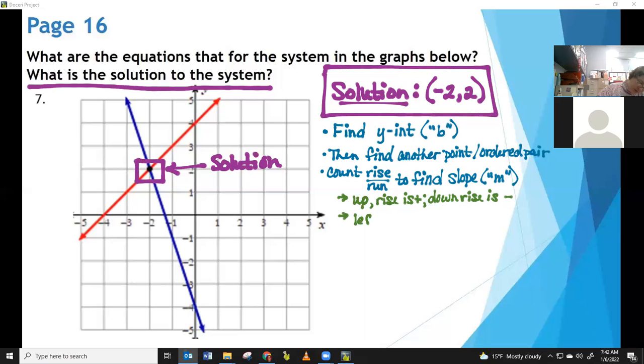If you go right, when you do your run, it is positive. And if you go left, when you count between them, your run is negative. Then we will write our equation.